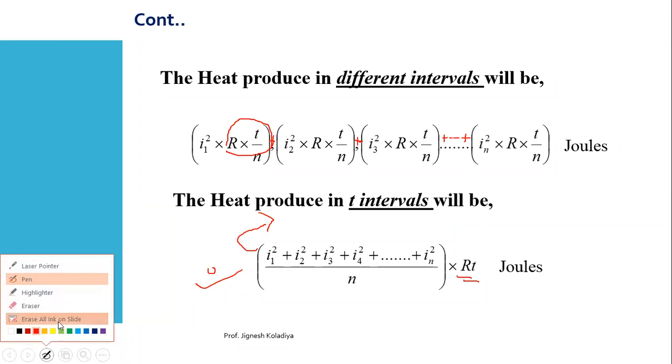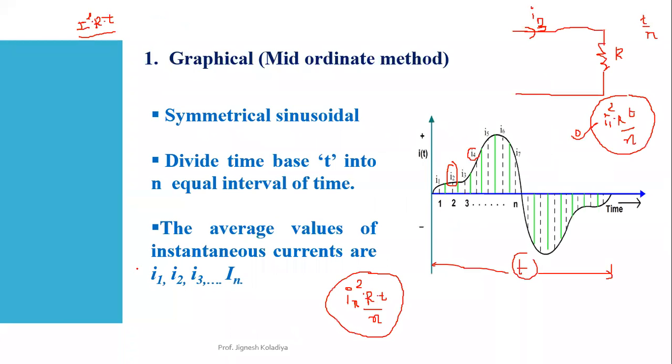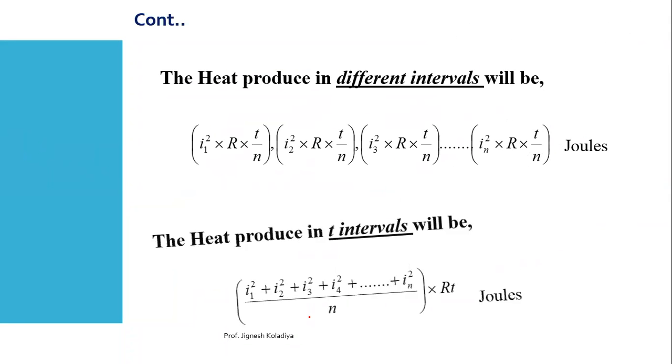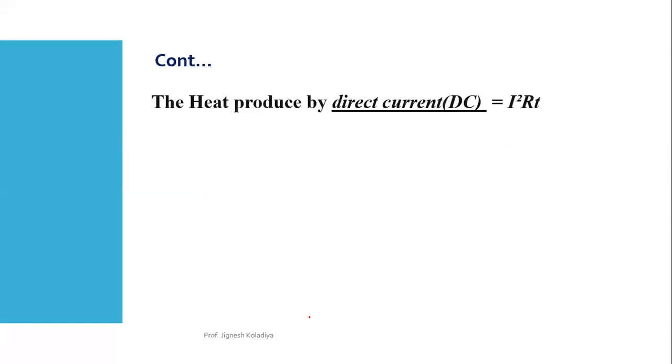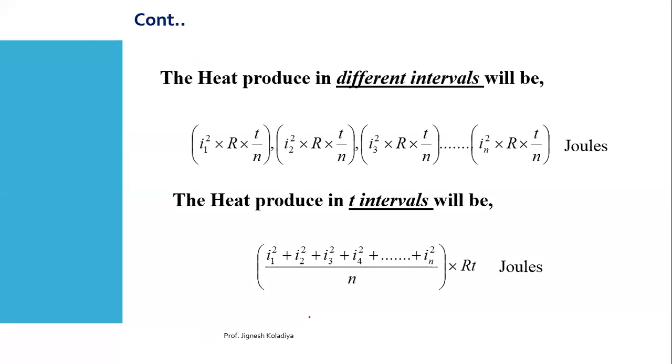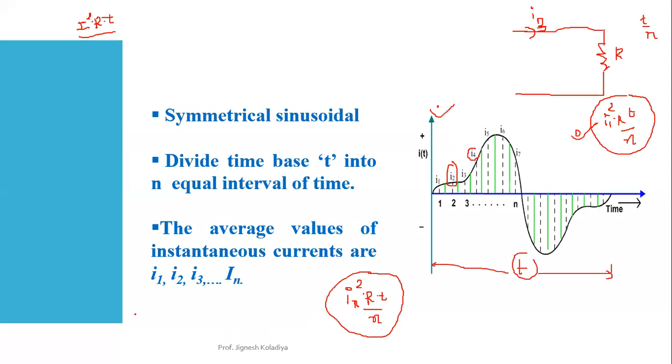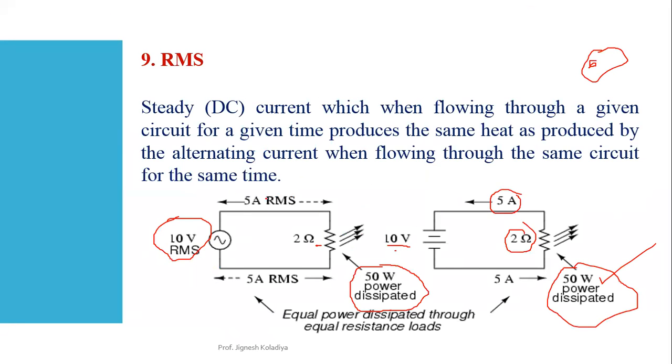And this is due to AC current, because the waveform is alternating. Now remember the definition. We have to compare DC as well as AC, and the heat produced by DC and the heat produced by AC will both be the same, 50-50.